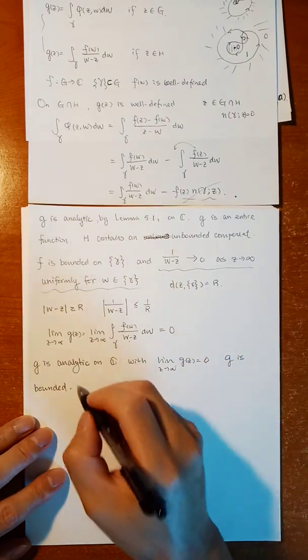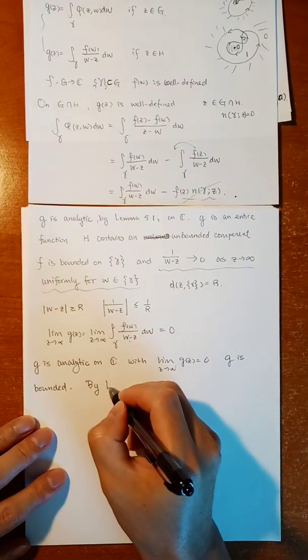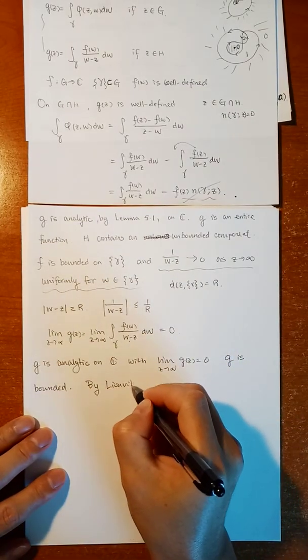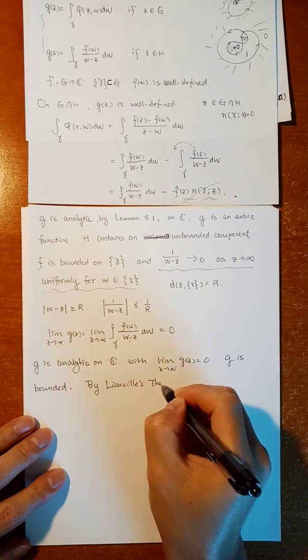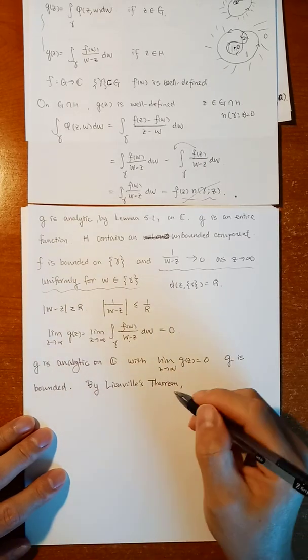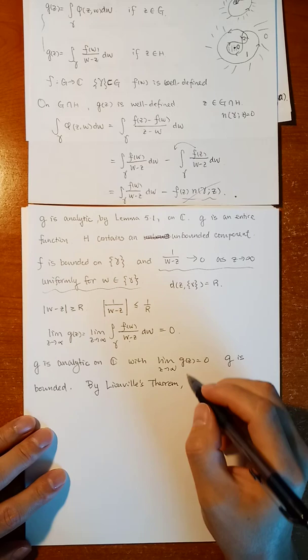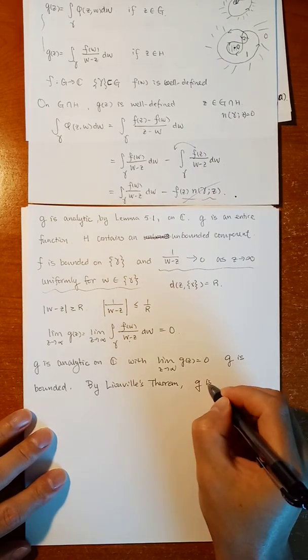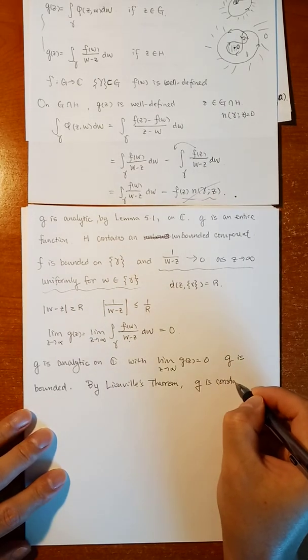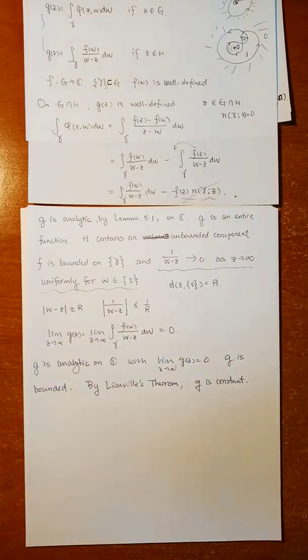A bounded entire function, by Liouville's theorem, is a constant. So g must be a constant function.